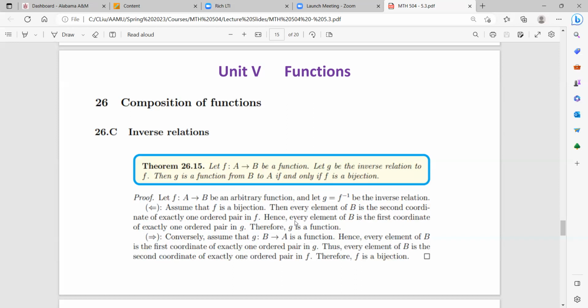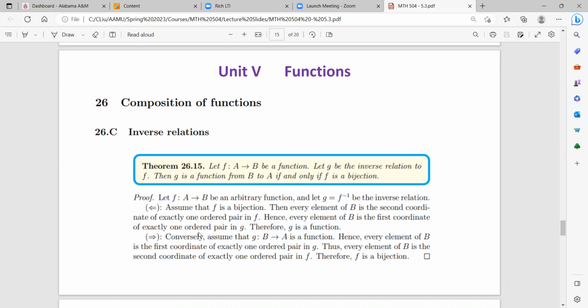So if you just reverse the order of the ordered pairs, then exactly every element of B is the first coordinate of exactly one ordered pair in G, because these are properties of the ordered pairs, and all we do is reverse the order. Then that makes G a function.